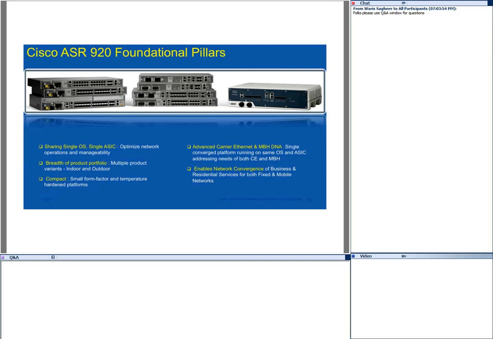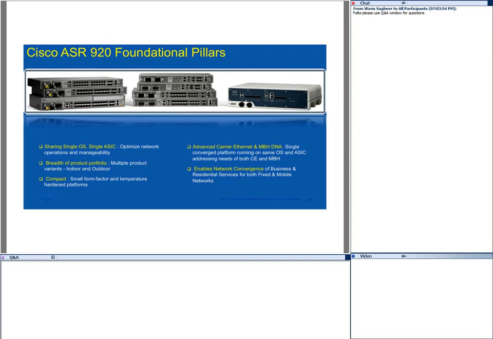There are a couple of important things that need to be understood when we talk about the variants. We have a single OS and a single ASIC across all the variants, and this is not just with the 920. The RSP2 on the ASR900 uses the same ASIC and the same operating system as well. In order to speed up feature velocity and improve the quality of the products that we ship, we went with a consolidated approach where we have a single switching ASIC, single hardware because it uses the same FPGA, and internal hardware things.